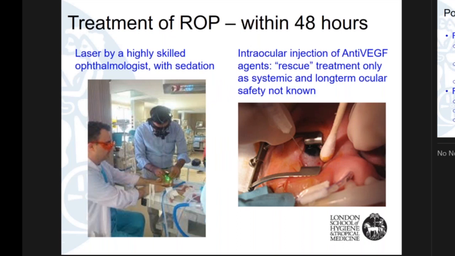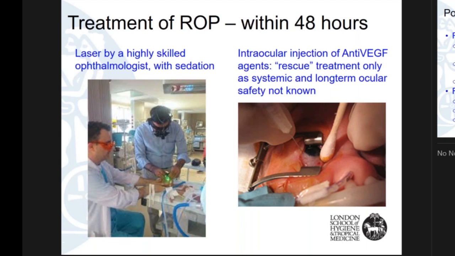Treatment, as I've said, needs to be urgent, and the gold standard way of treating is by laser to the peripheral avascular area of retina, and this needs a highly skilled ophthalmologist. It needs to be done in the unit if the baby is still an inpatient, and a neonatologist or anaesthetist must be in attendance to make sure the baby stays stable because this is a stressful procedure.